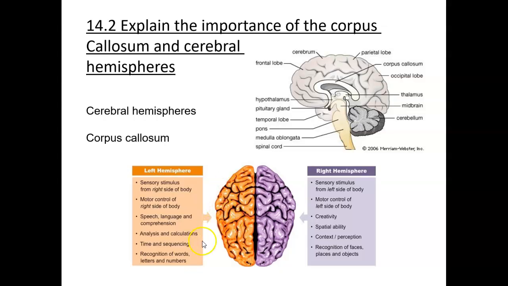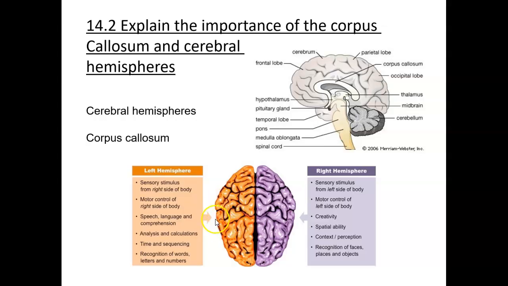The other thing is that the brain is not homogeneous. You can see on the left side of the brain, there's tissue that's more involved in forming our speech and language and comprehension of speech and language. Again, sometimes people have a stroke and they can't talk.